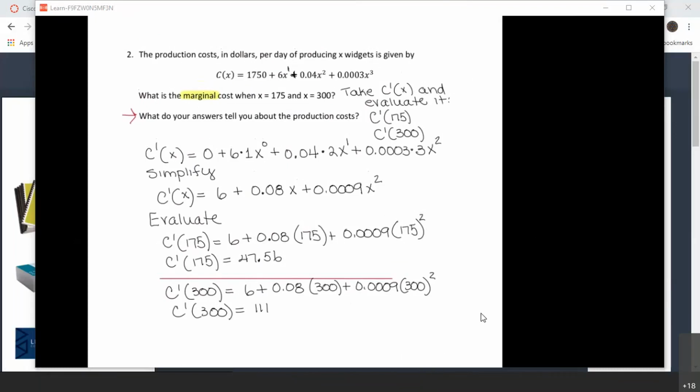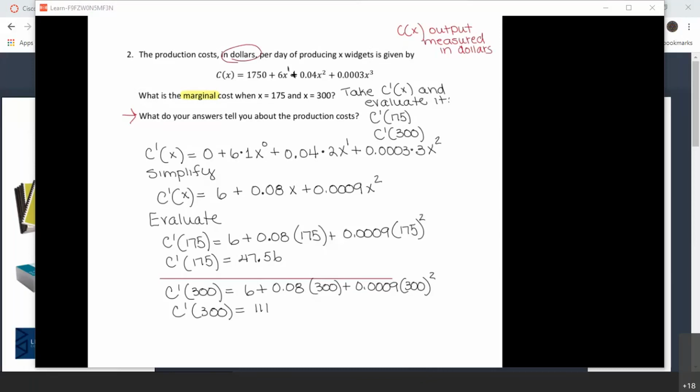It is called cost, yes. C of X is our output. And what is it measured in? Dollars. They say it right here. Technically dollars per day, but let's just keep it in dollars.